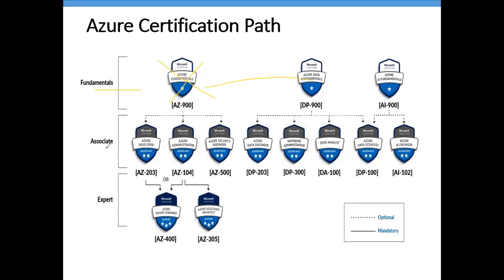You can go directly to the associate level, and after associate, you can go with the expert ones. AZ-305 is for the architect, right, while this one is related to the administrator? Yes, correct. But to go with 305, you first need to clear 104. It is mandatory.